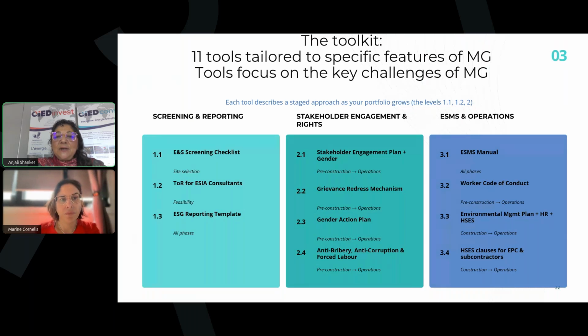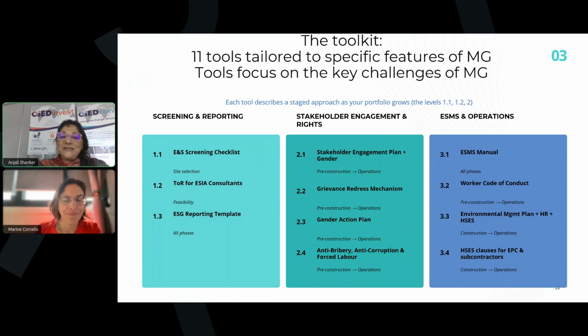And I will now hand over to Marie, who will give you the overall introduction to the toolkits and the 11 tools that we have developed. As I said, really focusing on what we feel are the main risks which really need to be addressed for the mini-grids. And she will walk you through two of what we think are cornerstones of the analysis we have to go through for mini-grids.